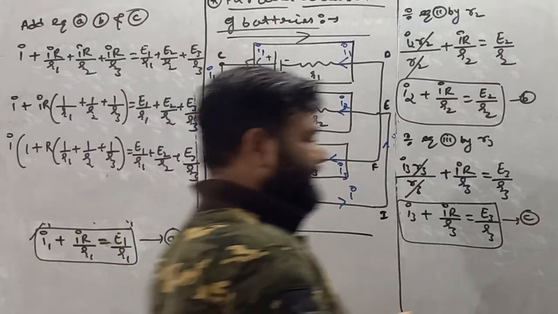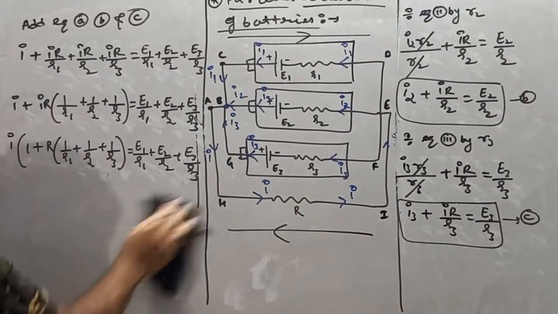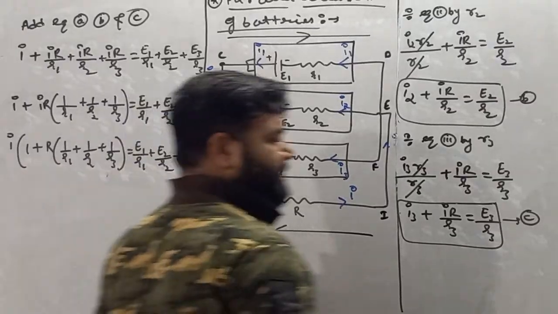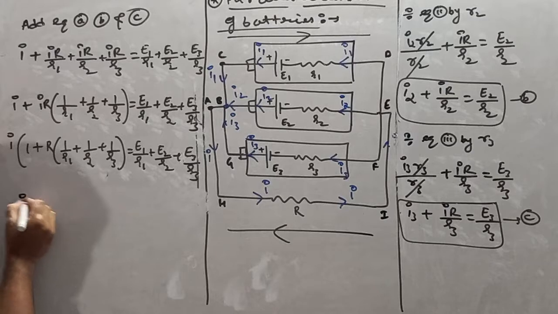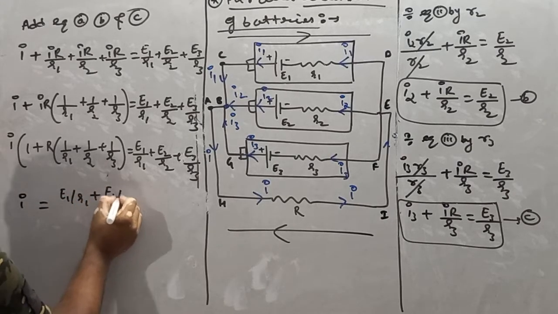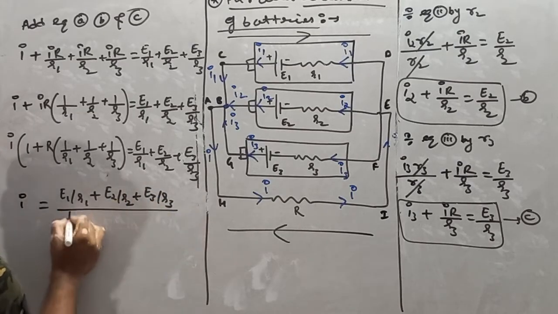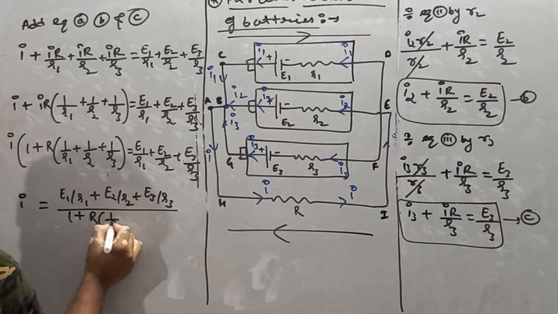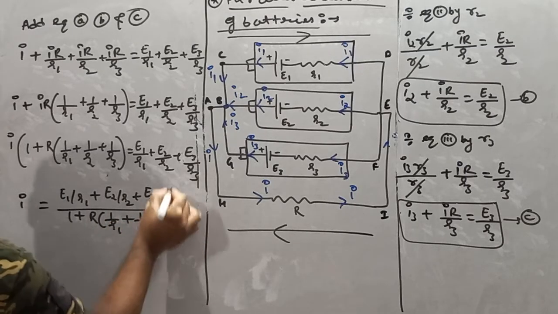Now we'll get the value of I. Take all the terms, E1 by R1 plus E2 by R2 plus E3 by R3. From here we'll get I. So I becomes equal to E1 by R1 plus E2 by R2 plus E3 by R3 divided by 1 plus R, 1 by R1 plus 1 by R2 plus 1 by R3.